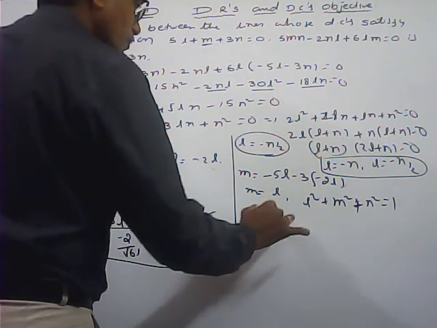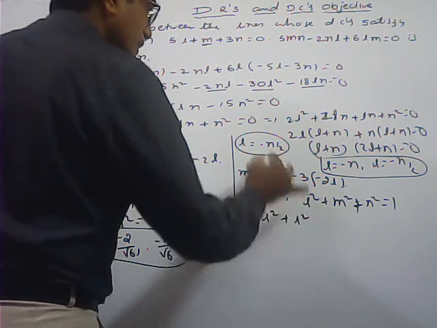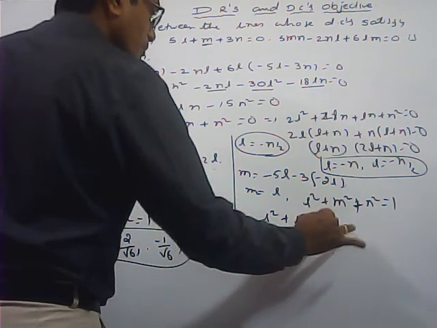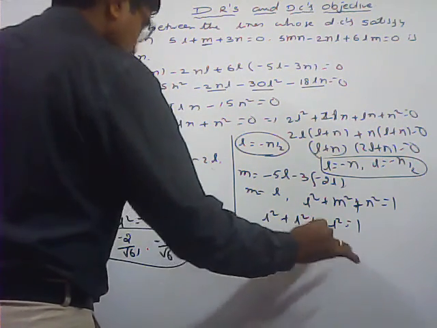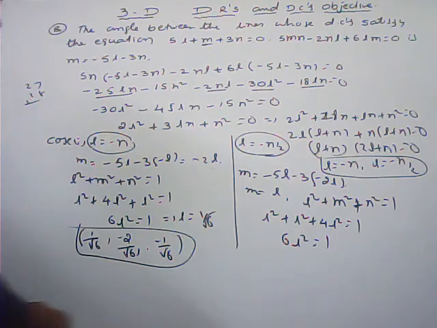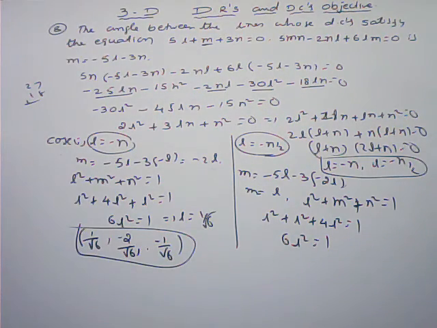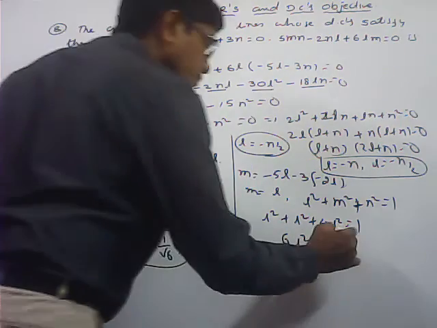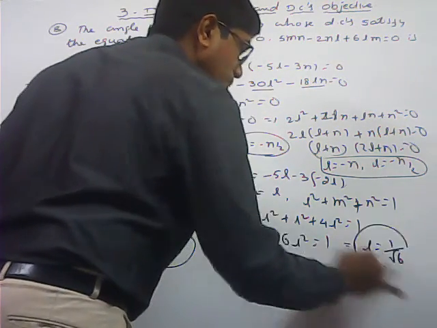l square, m square, n square: 4l square, that is equal to 1. So 6l square, that is equal to 1. Here also we are getting the same type by taking that one. So here also I am taking l is equal to 1 by root 6.